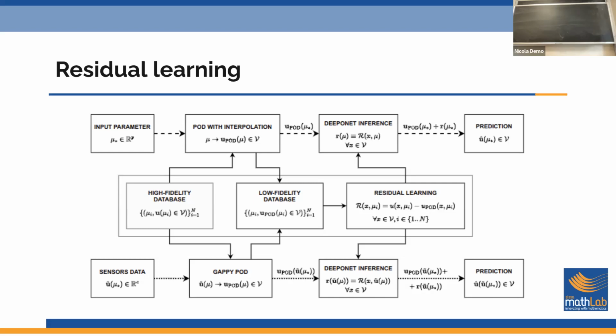Because if you think of a network that has just the parameter as input, but it provides you the residual over all your Hilbert space, if you have a very, very high dimensional space, basically you are stuck because you can't train such a model. It's a model with one input and, I don't know, 2 million degrees of freedom as output. So it's not really feasible.